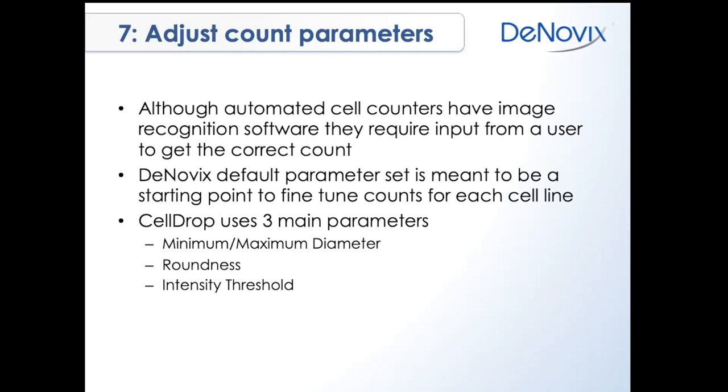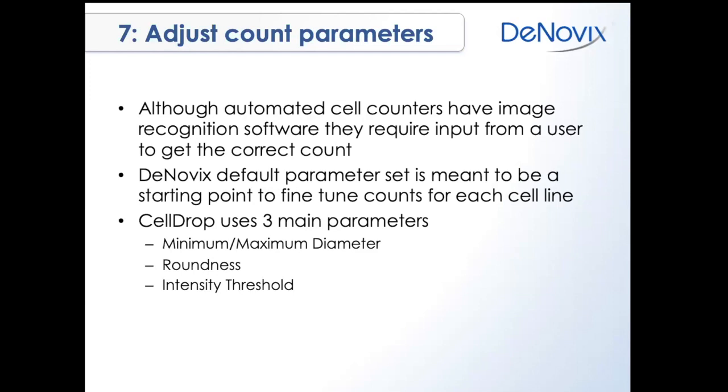For a lot of cell lines, they'll work very well, but each cell line has some slight differences to it. And we're trusting that our users are going to use the parameters and the tools that they have at their disposal to adjust those and get an accurate count for their particular cell line. So you're going to look at the image that you get and verify that it's counting correctly for you.